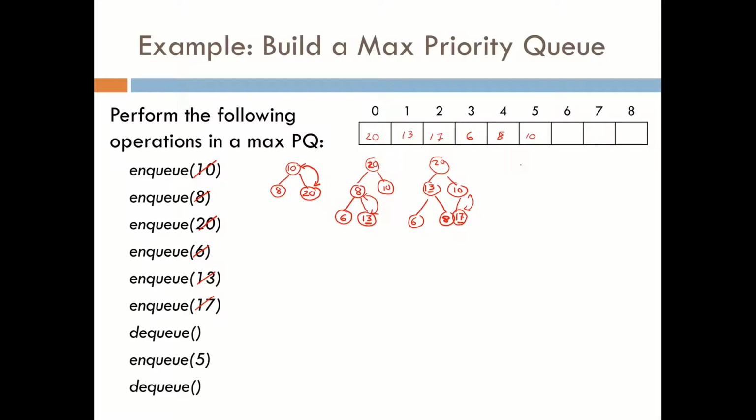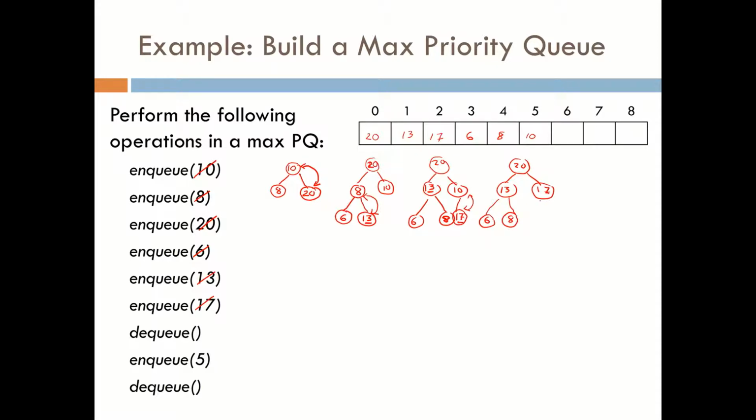Okay, so the 17 is going to be here and the 10 is going to be here. And let's look at what that looks like. The 20 is first, right? That's element 0. And then the 13 is next. Okay, and then the 17 is next. And then the 6. Okay, and then the 8.